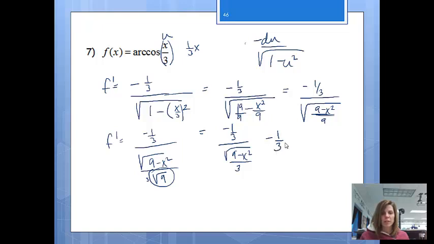So I'm going to get negative 1/3 times the reciprocal, which will be 3 over the square root of 9 minus x squared. And then from here, I can cancel my 3's. So my final derivative will be negative 1 over the square root of 9 minus x squared. So that's the derivative of arc cosine of x over 3. So hopefully now you can take the derivative of an inverse trig function.